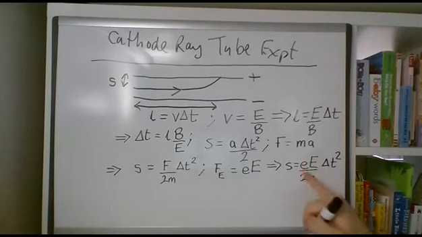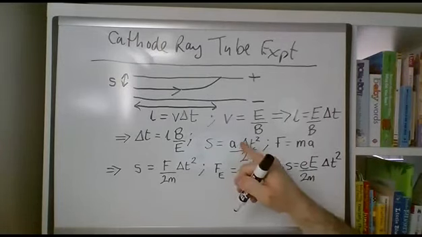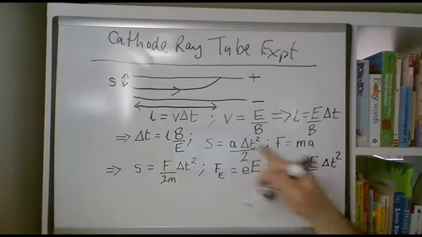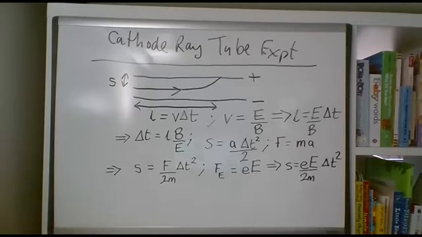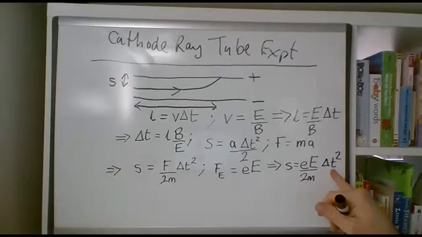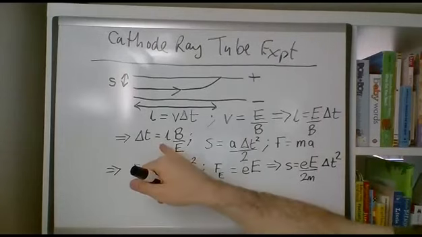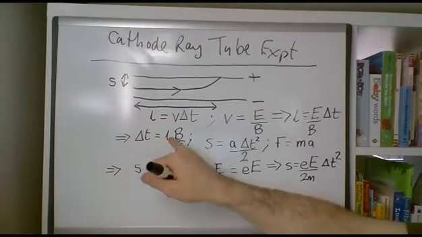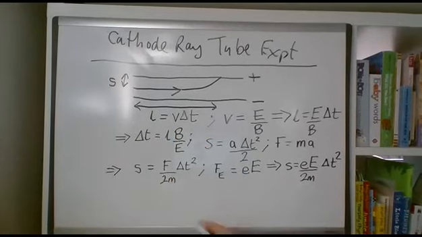If you compare this equation with the earlier one, all we've done is relabel variables according to the scratch work over here. So now we're going to sub in delta t squared from over here. It's going to be L squared B squared over E squared.